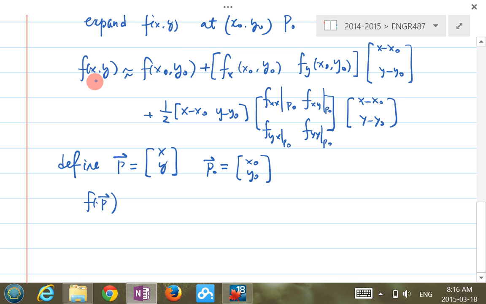So this is basically a function of this x, y here, and that's approximately f of p naught.